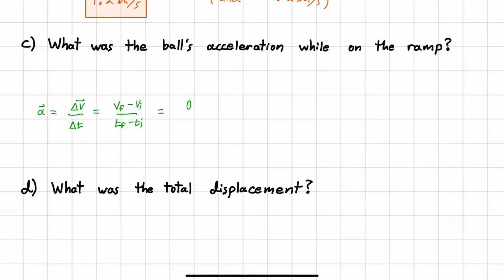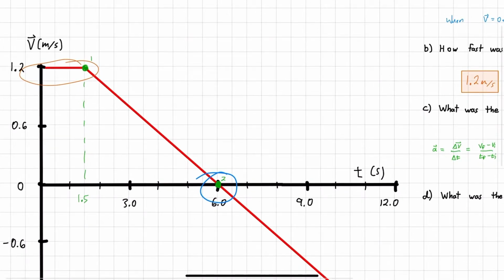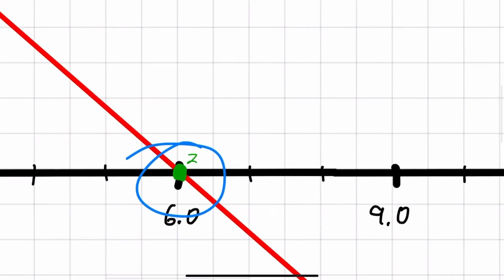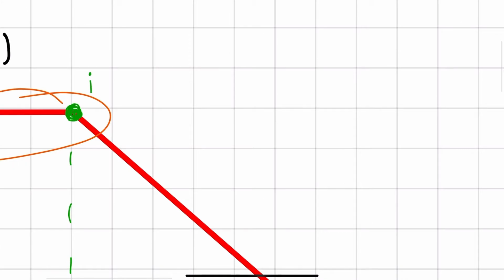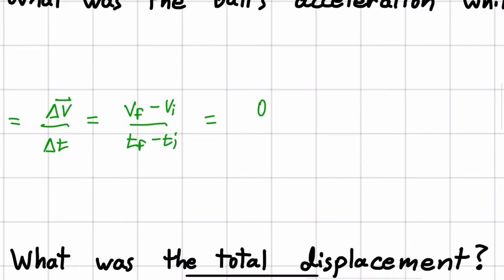So this is our second point, and this is our first point. So let me change these to F for final and I for initial, because those are the subscripts that we're using in our formula here. So 0 minus 1.2 meters per second over 6 seconds minus 1.5 seconds.